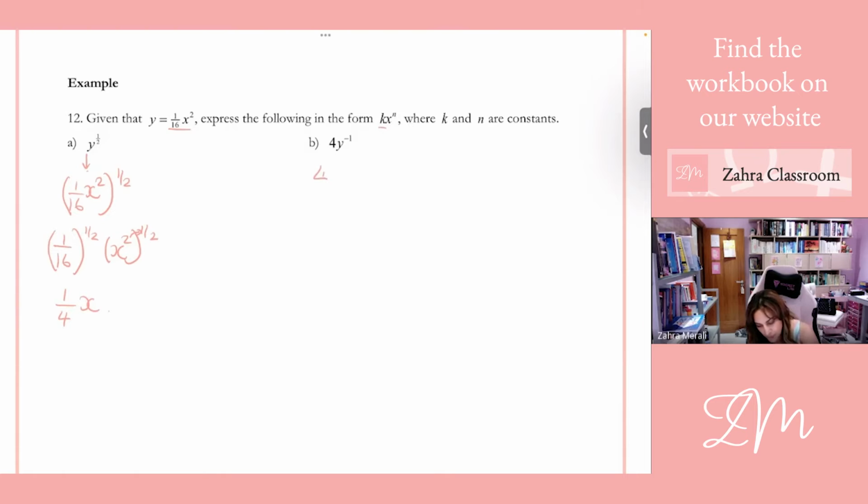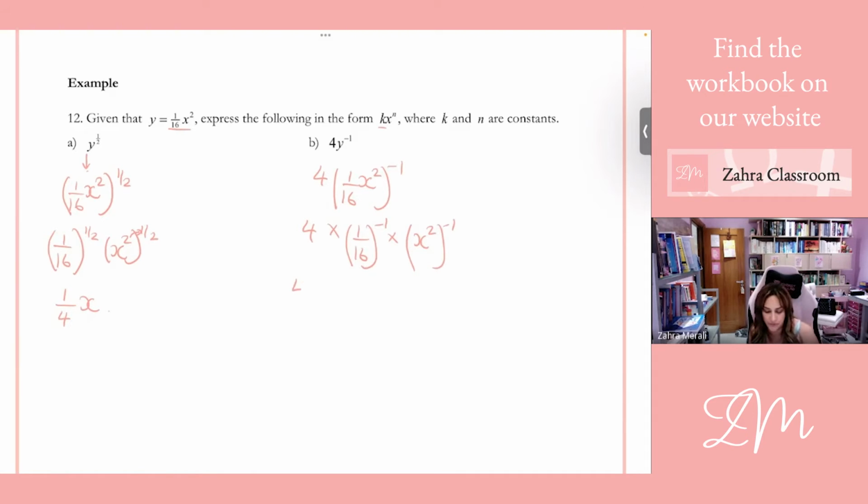So we've got 4. Instead of y, I'm writing 1 over 16 x squared to the minus 1. Now remember, to the minus 1 means you do 1 over. But before we do that with a number, this is the same as 4 times 1 over 16 to the minus 1 times x squared to the minus 1.